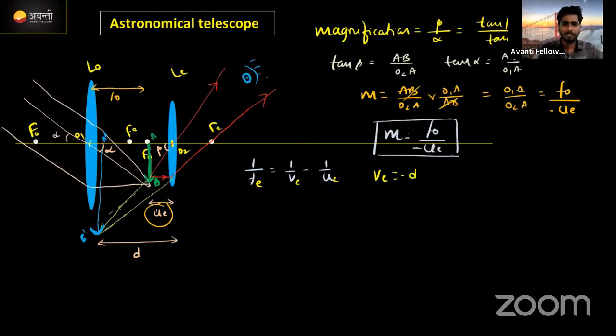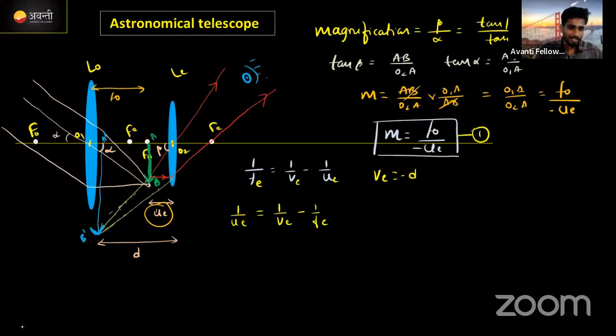Substitute these values and find out the value of here 1 by ue. Why means if you find out the value of 1 by ue means you can easily substitute here magnification. Equation number 1 में substitute करने से magnification मिल जाता है. That's why then 1 by ue, if you want to take left hand side, then it will become 1 by ve minus 1 by fe.